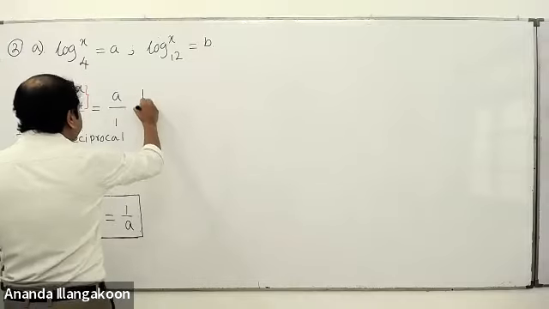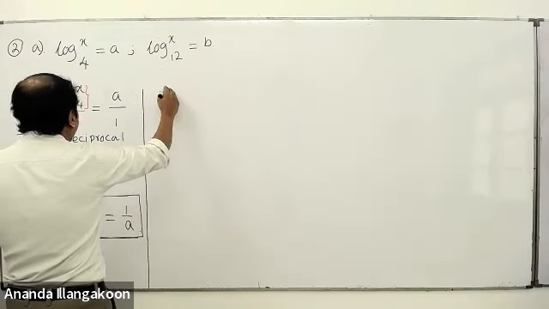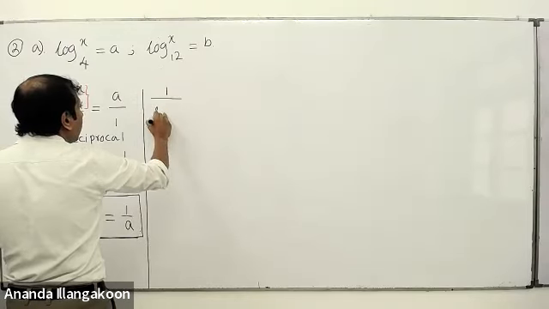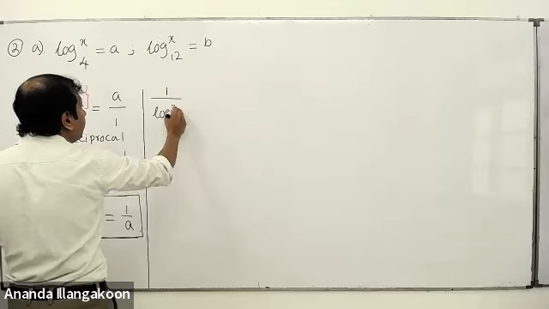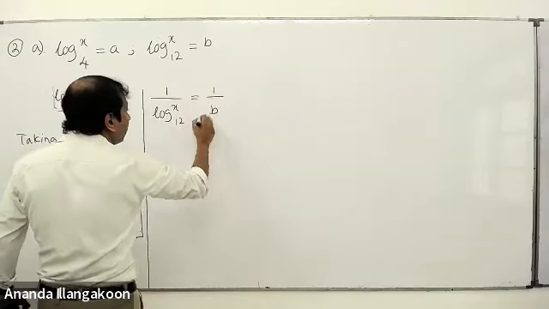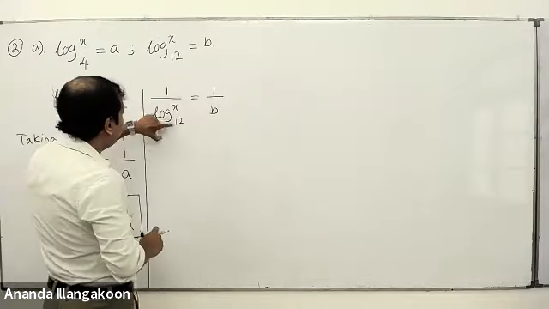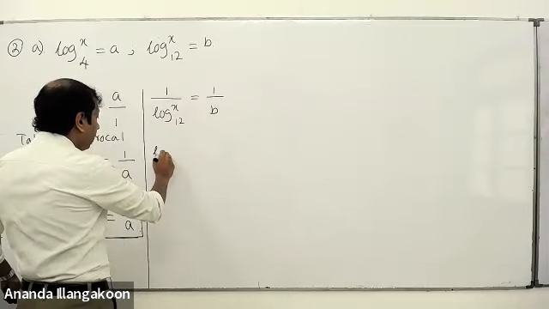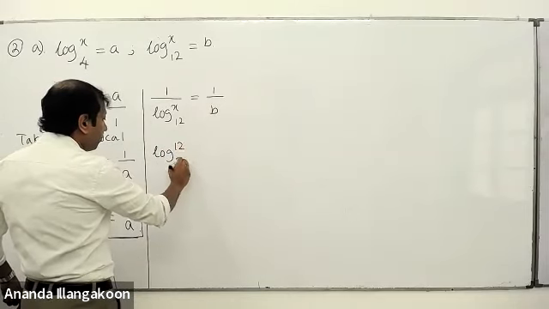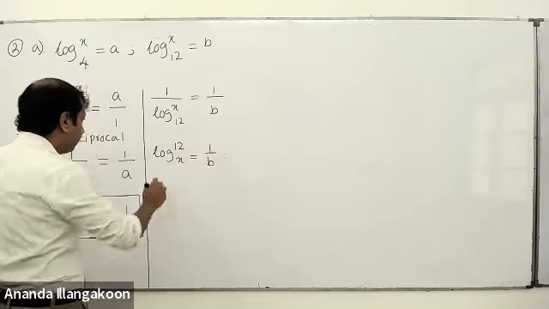Now here, this one I can take as 1 over logarithm x to the base 12 is equal to 1 upon b. Now we take this to the numerator. Log 12 to the base 6 equals 1 upon b. This way we get that answer.